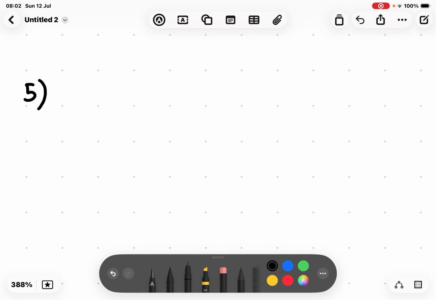After that, let's say we have square root of 28 plus square root of 63. We have to again split these two.